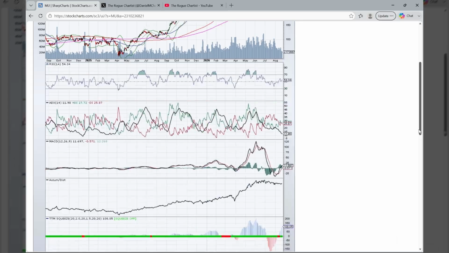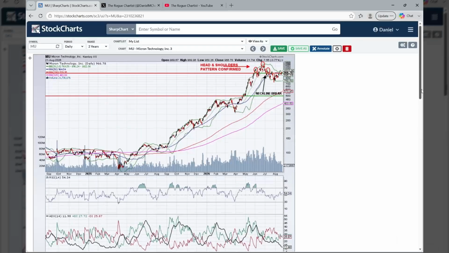So let's go back up here. We had the accumulation phase, and then all this right here is the public participation phase, meaning the entire stock market community is joining in this rally.